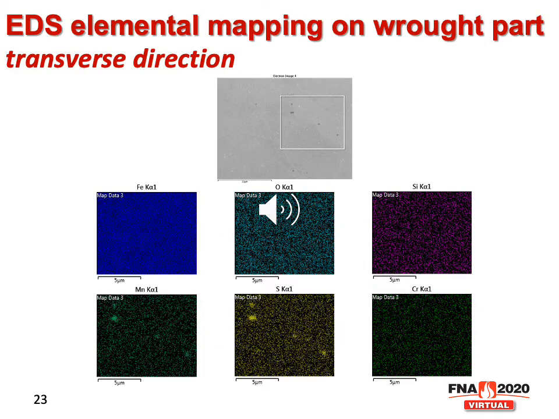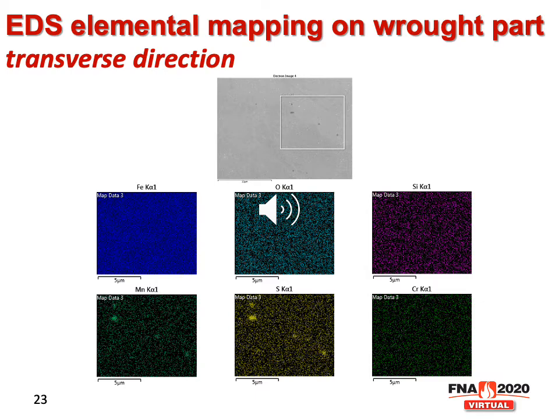When we did the microstructure analysis by SEM and optical microscope, we found some inclusions on both transverse and rolling directions. That's why we conducted the EDS element mapping to confirm the inclusions in the wrought part.